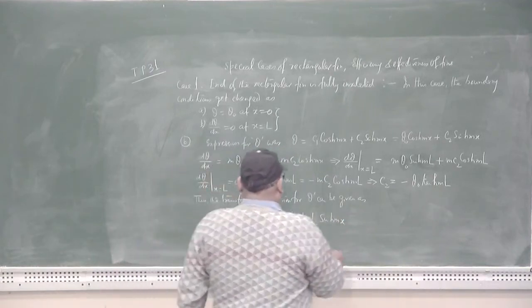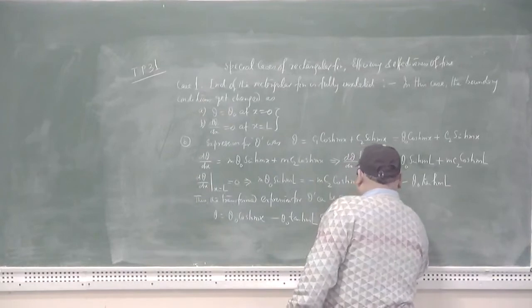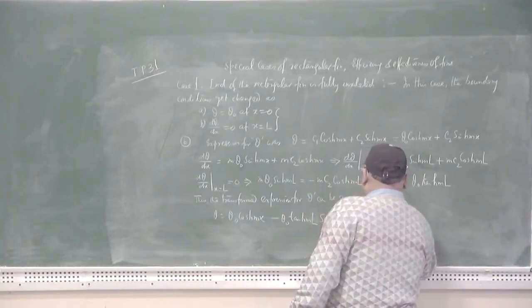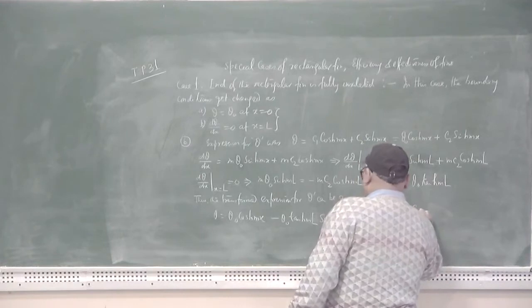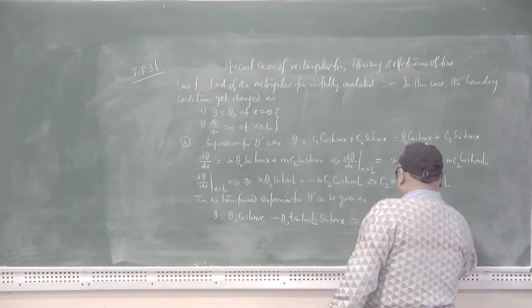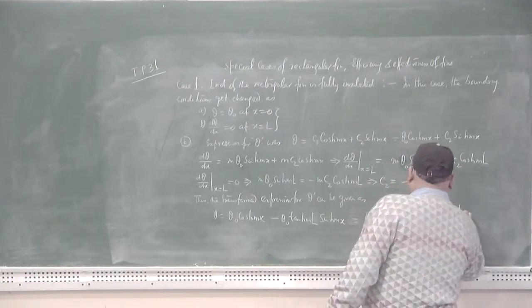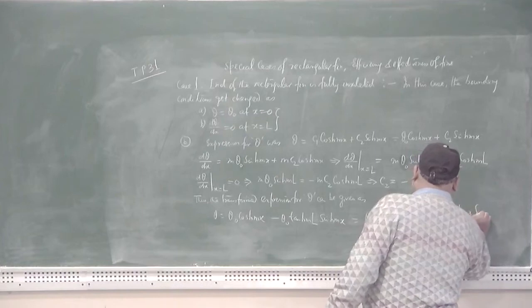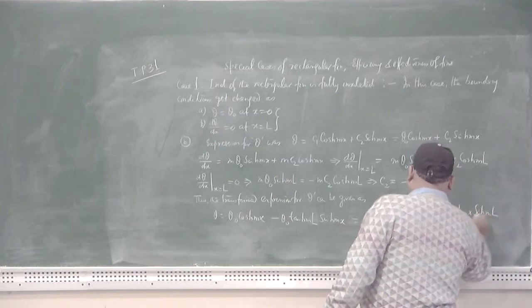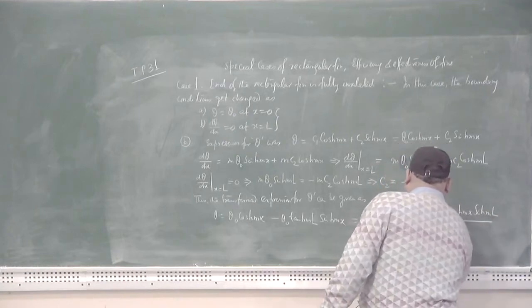That can be further written as theta 0 into cosh mx cosh mL minus sinh mx sinh mL divided by cosh mL.